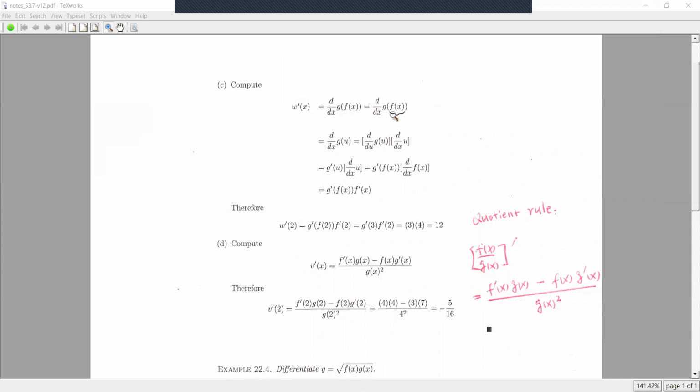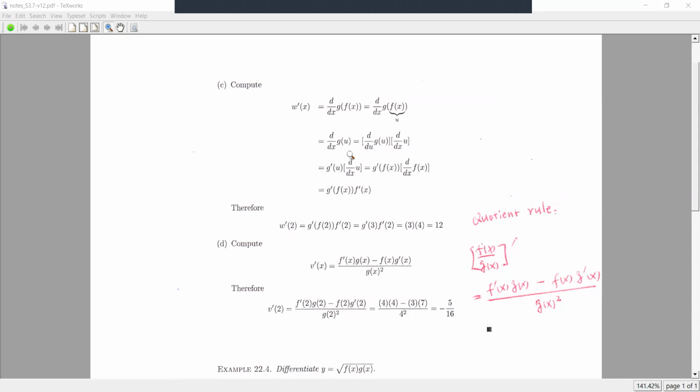I let u denote f of x. Then this function becomes g of u. In this derivative, x and u are different. I cannot compute this derivative.